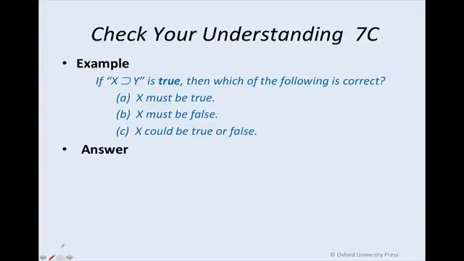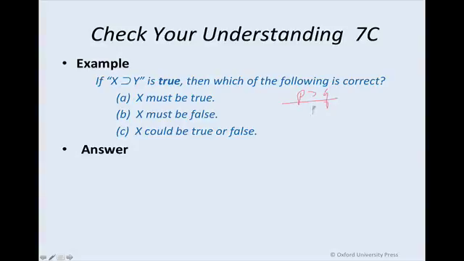Okay, let's practice a little bit. We have the following sentence: if X then Y, or X horseshoe Y, we're told that it is true. And if that's the case, which of the following is correct? Must it be the case that X is true, that X is false, or could X be true or false? Well, let's answer by way of a truth table.